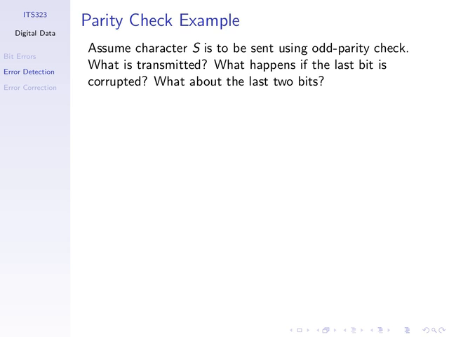Because the received frame had an odd number of ones, the receiver makes an assumption that there are no bit errors and therefore accepts the data in that frame. So a very simple scheme. The receiver makes an assumption either there are errors or there are not errors. In this case, because of the odd number of ones, it assumes no errors. That's easy. And of course, in this case, we get the correct result.